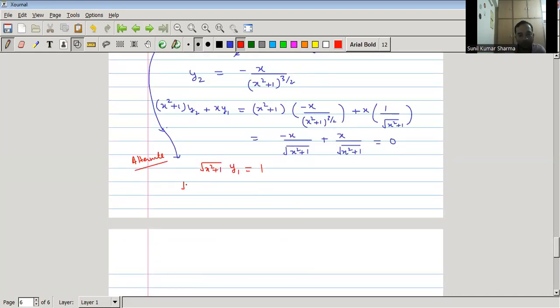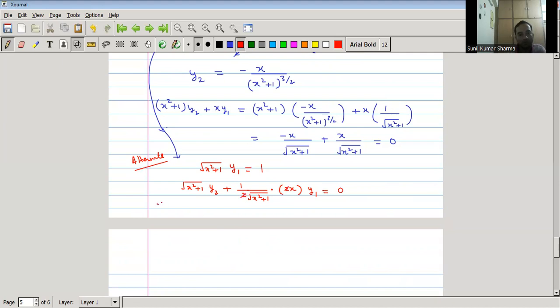So we get under root x square plus 1, derivative of y1 is y2, plus derivative of under root x square plus 1 is 1 upon 2 under root x square plus 1 into again 2x plus 1, the derivative of 1 is 0, so 2x plus 0 is 2x, into y1, that is equal to derivative of 1, which is 0. So 2 and 2 cancel out.